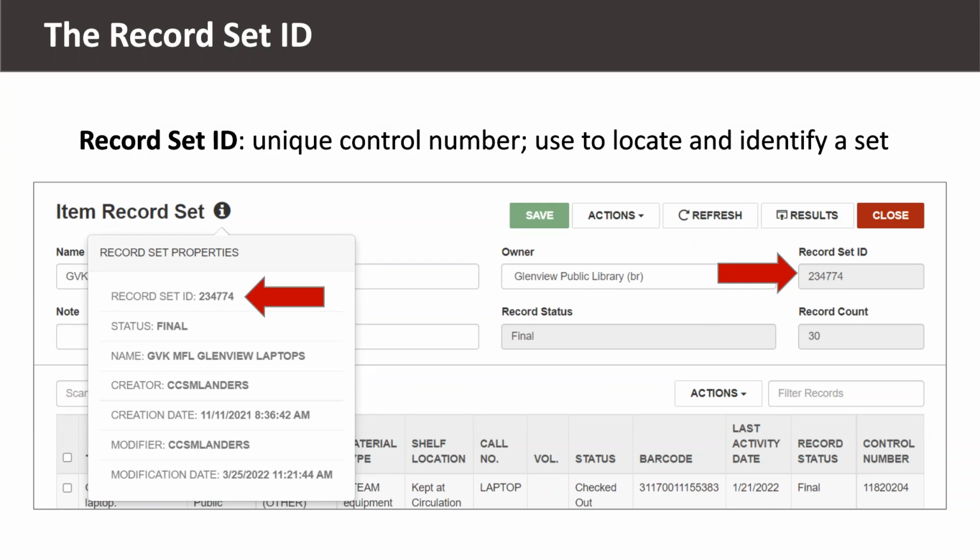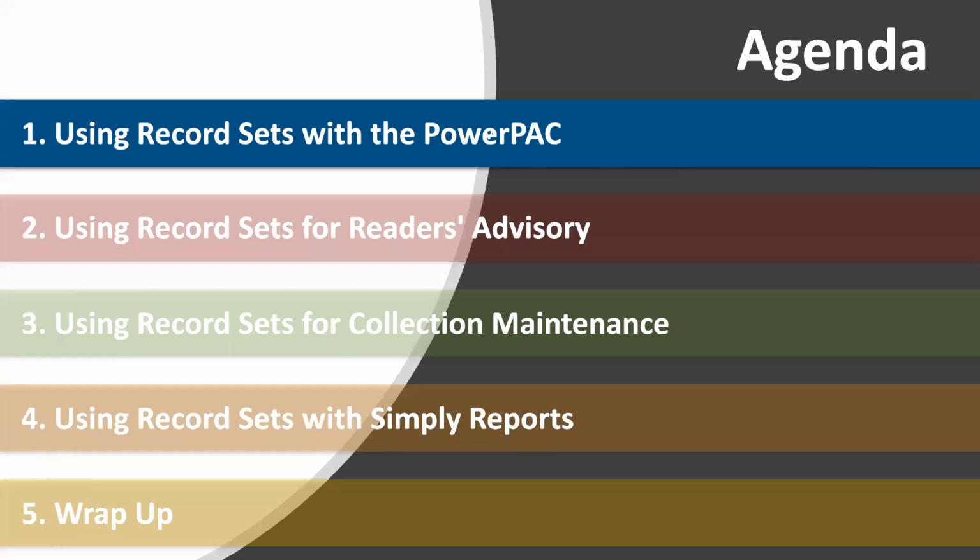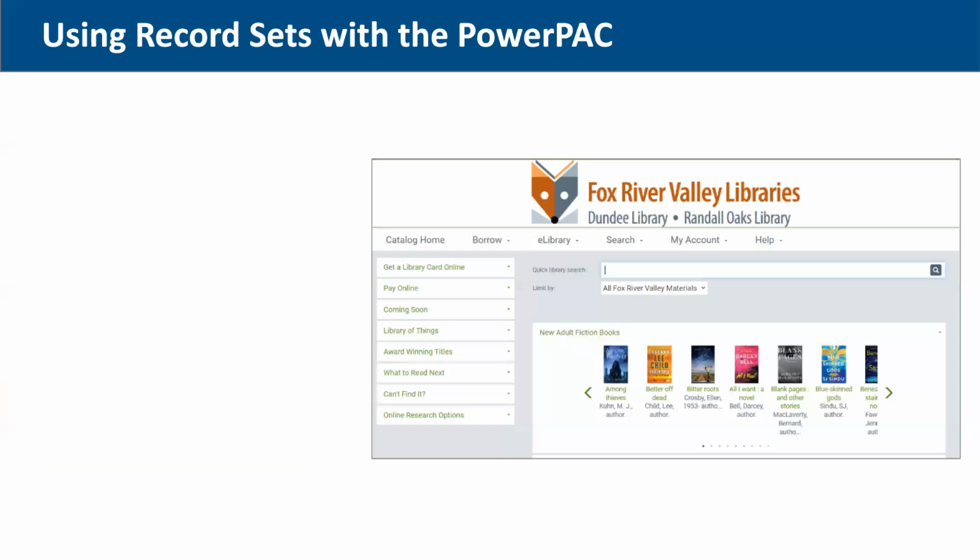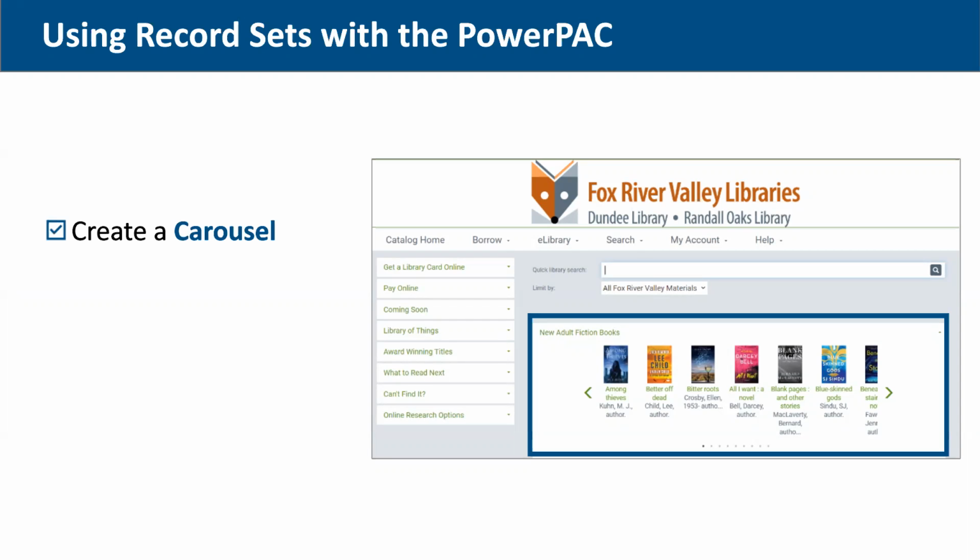So with that, let's get started. And we're going to start today by seeing how we can use record sets with the Power Pack. So using record sets with the Power Pack really gives you a seamless way to connect your materials and collections with your patrons. And how or where can you integrate these record sets in the pack? You can use a record set to create a carousel.